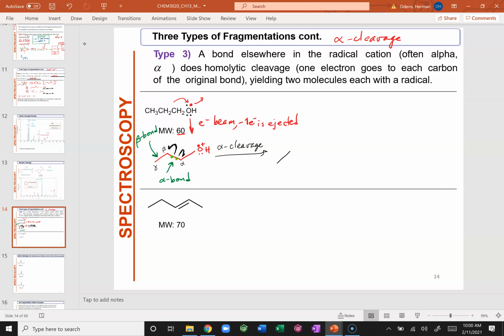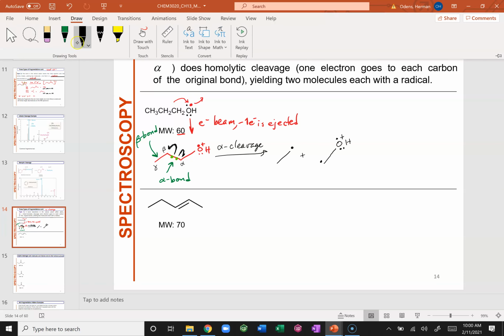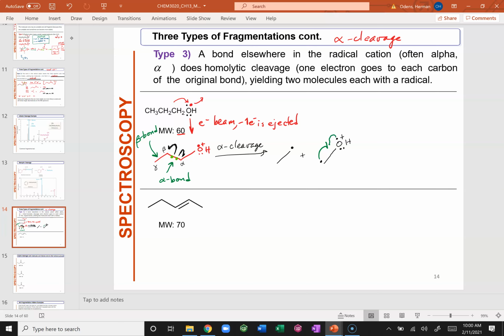So you're getting this ethyl radical plus this OH, it's actually a biradical. You have one here and one here. You see that? And then when two electrons that are unpaired are in proximity, they would like to merge and make a pi bond.